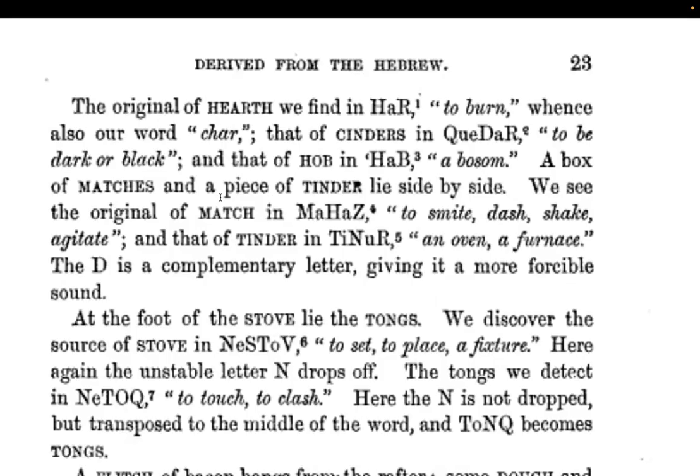A box of matches and a piece of tinder lie side by side. We see the original of match in machaz, to smite, dash, shake, agitate, and that of tinder in tanur, an oven, a furnace. The D is a complementary letter, giving it a more forcible sound.